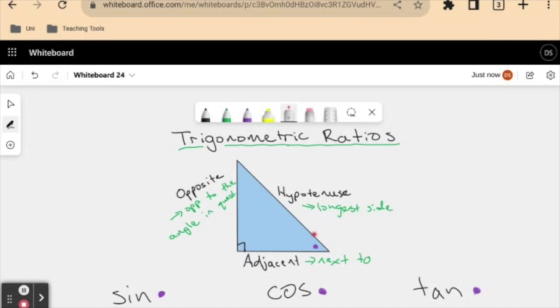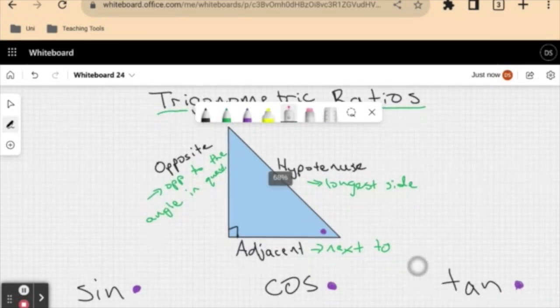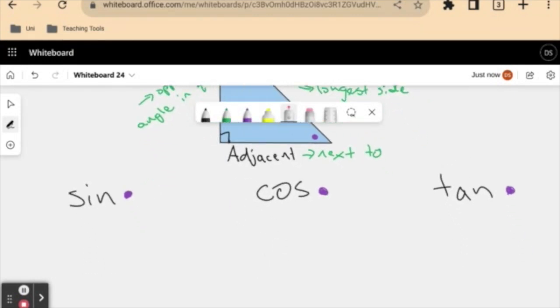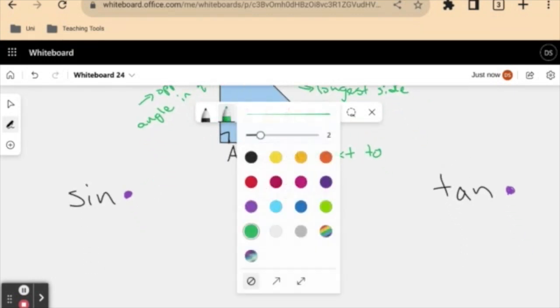If you've done trig before, I know you probably get some PTSD from memorizing this, but this is an acronym for being able to remember these types of ratios and how they sit. So I'm going to write this here beneath these ones.